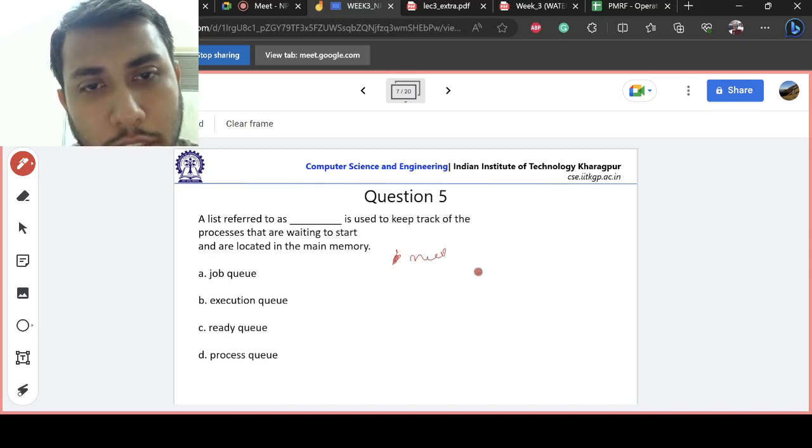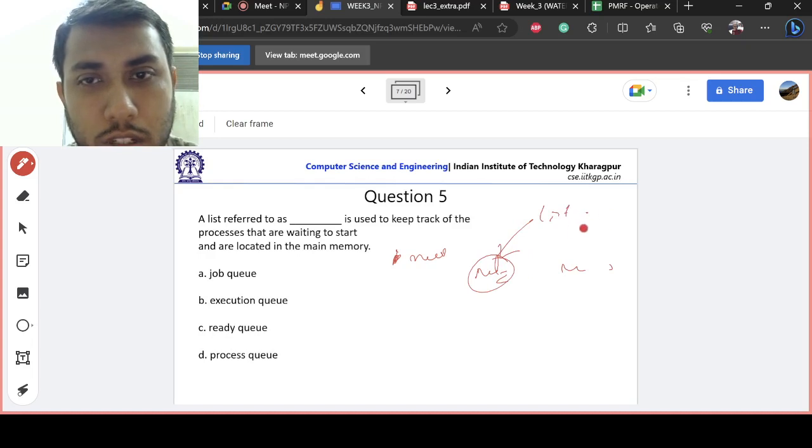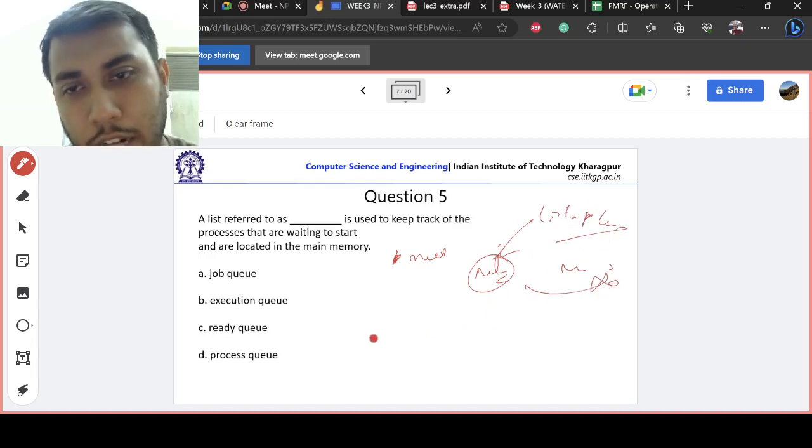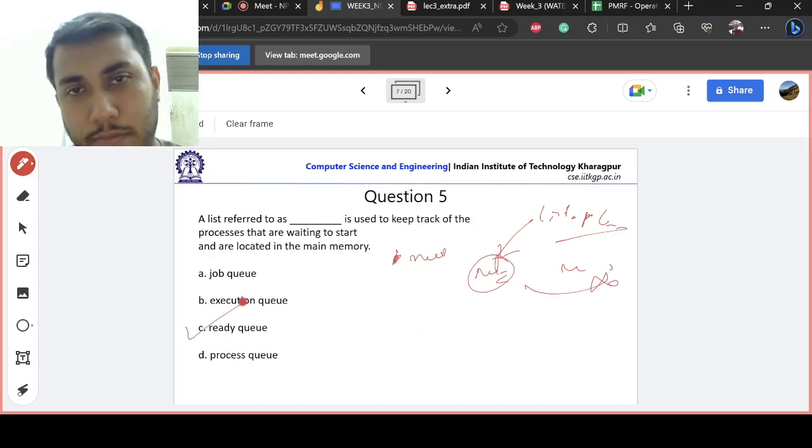From new, there is ready, and then there is running. So from the ready queue, the list of processes is present, and that has to be sent to the running place. So it will be the ready queue.